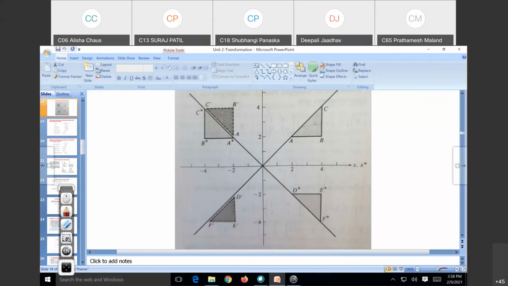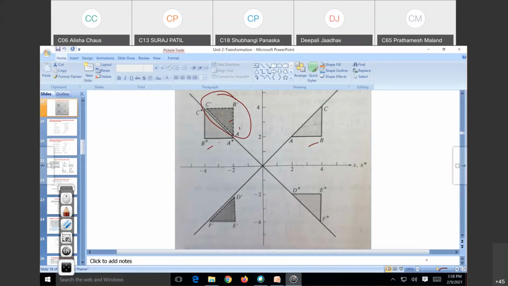Using our calculation, this is the transformed one. This A dash, B dash, C dash is the intermediate result, meaning first rotation and then reflection. That is the result of the first case.